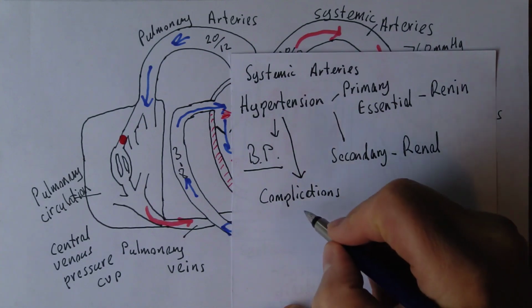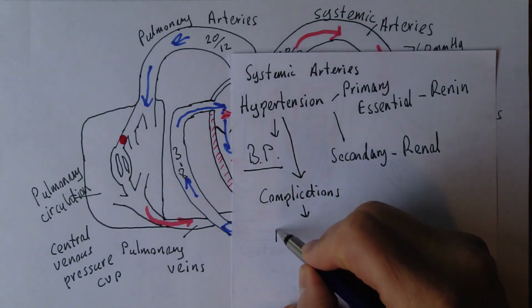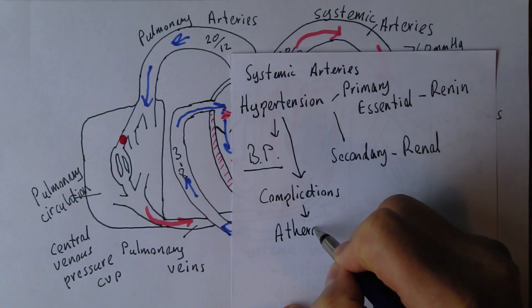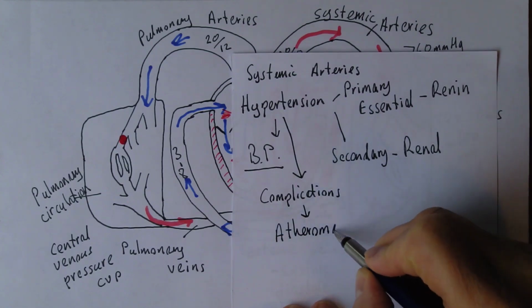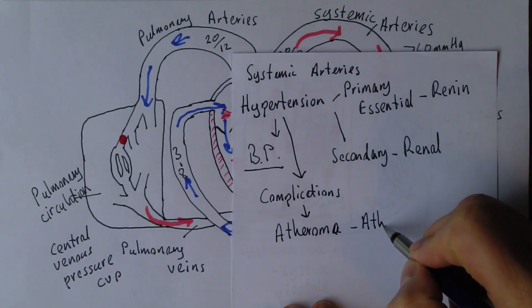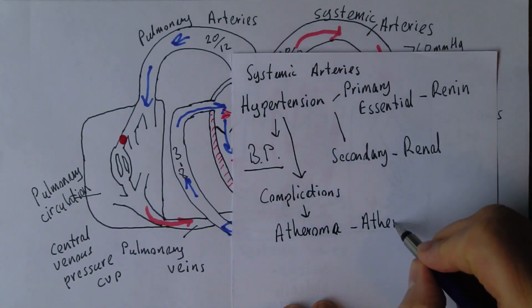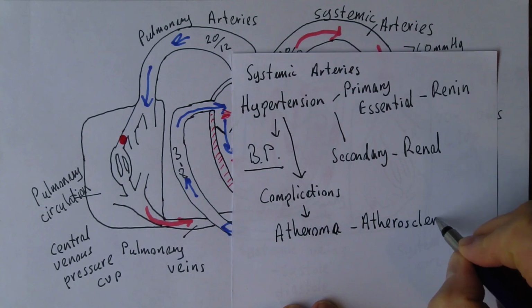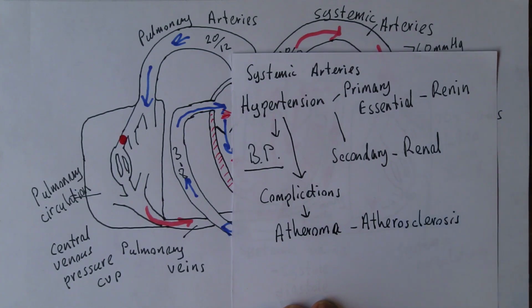And there are complications. One of the complications is atheroma. Develops in the blood vessels, the disease process of atherosclerosis. There can be atherosclerosis.